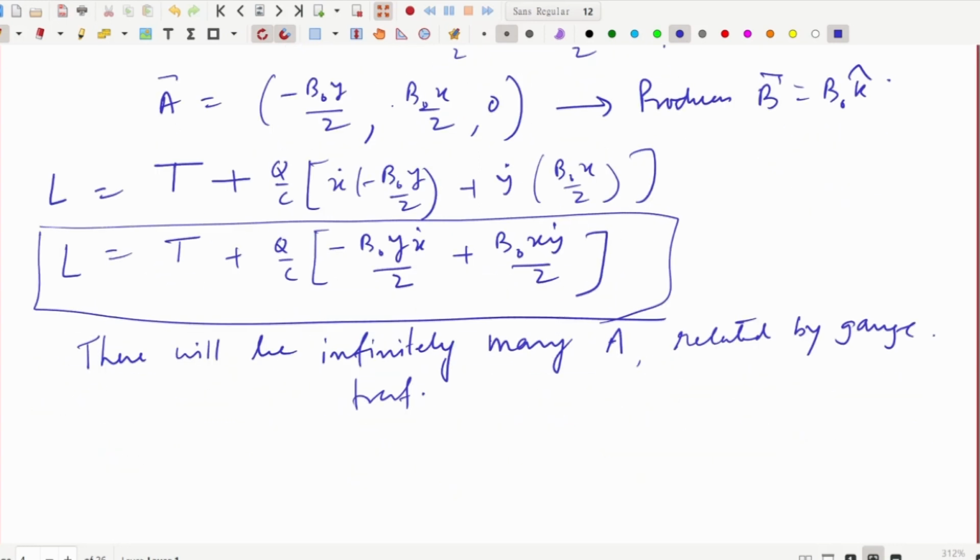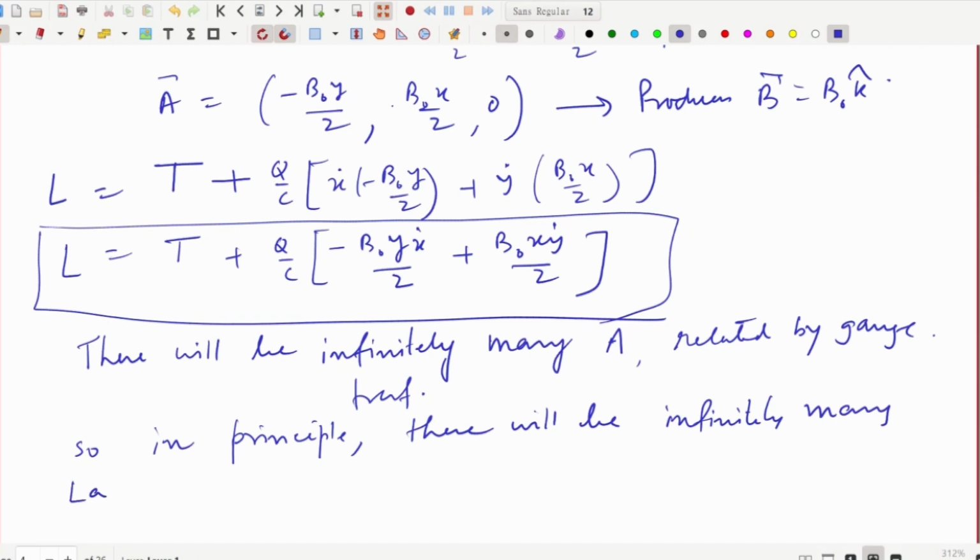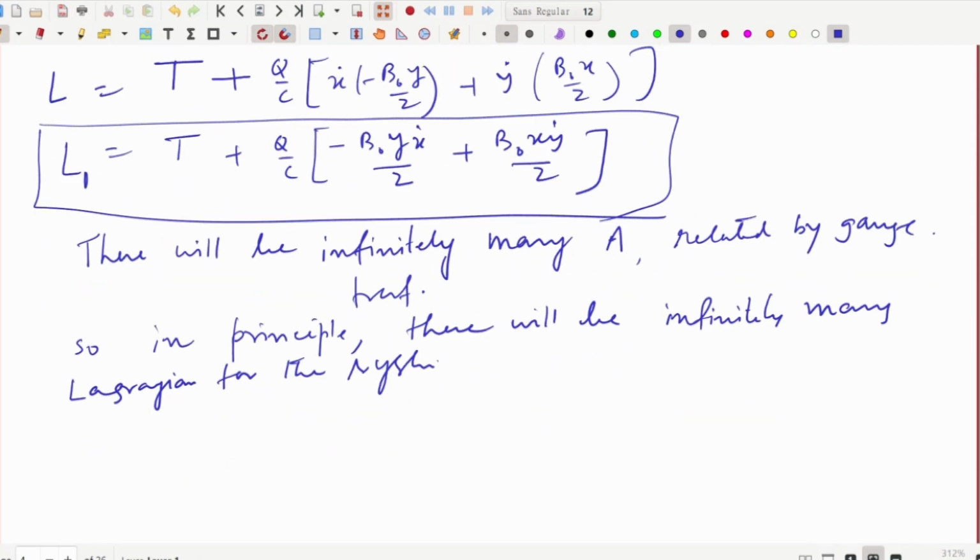So, in principle, there will be infinitely many Lagrangians for the system. So, we have found one Lagrangian. Let us write this Lagrangian as L1, because we will come back to how infinitely many Lagrangians will describe the same dynamics, that point will come.